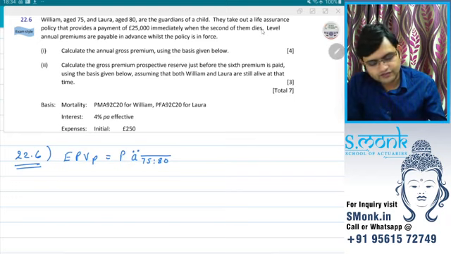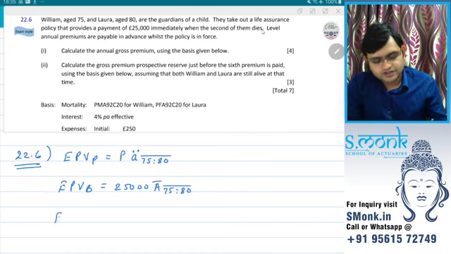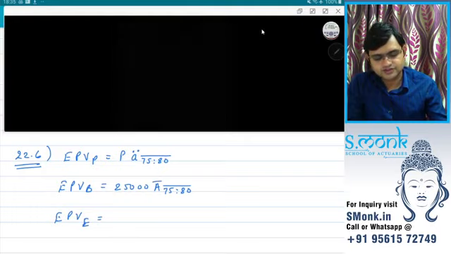Then expected present value of benefit. We'll have 25,000 immediately, so A bar 75, 80 bar. Then they are saying we have some expenses as well, so let's look up the expenses.